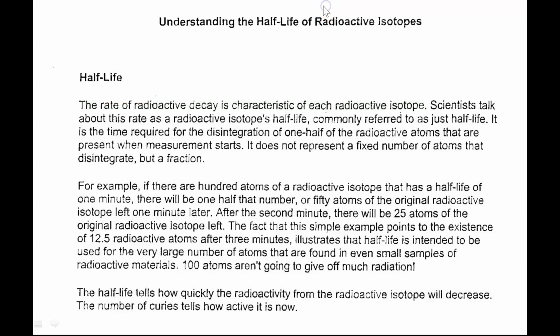Scientists talk about this rate as a radioactive isotope's half-life, commonly referred to as just half-life. It is the time required for disintegration of 1/2 of the radioactive atoms that are present when measurements start.